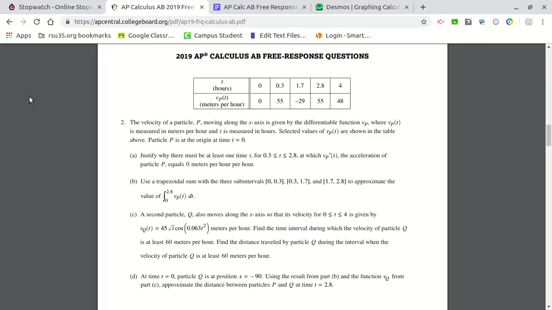Okay. And then find the distance traveled by particle Q during the interval when the velocity of the particle is at least 60 meters per hour.